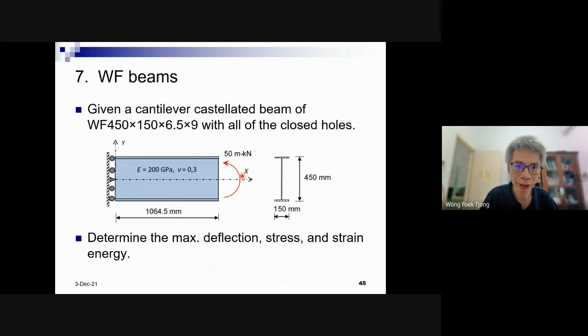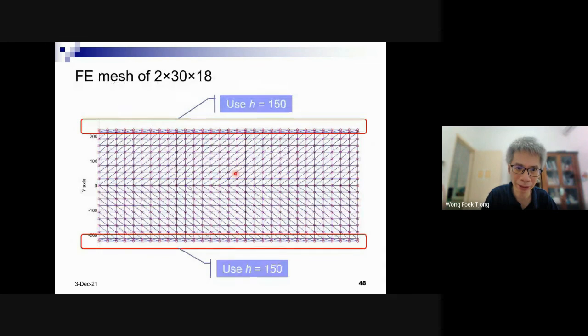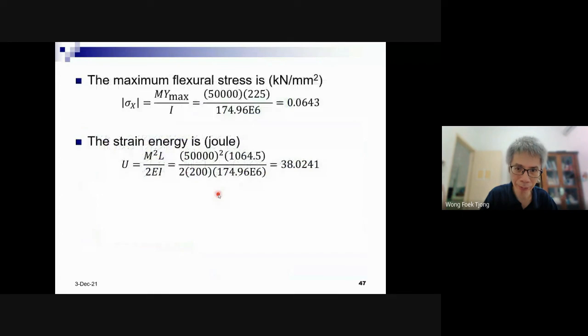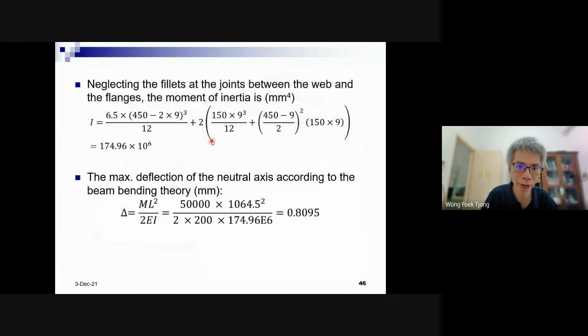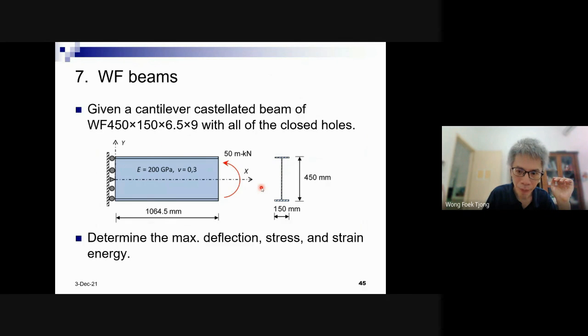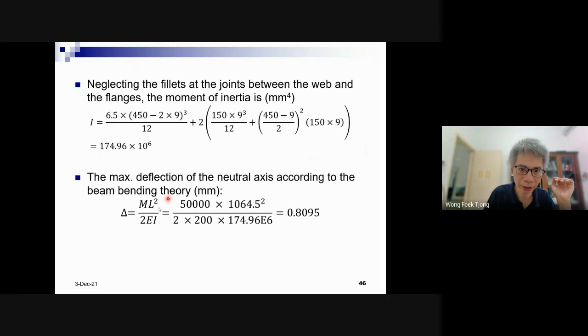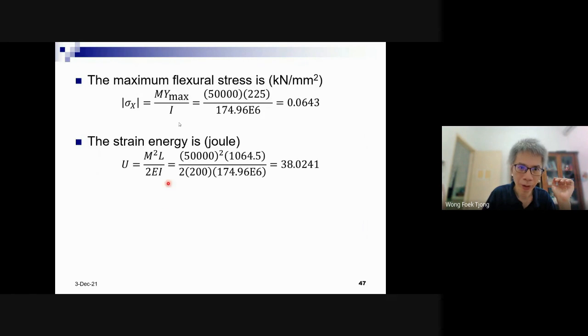Okay, whether the results are quite accurate? Yes, for I use a very fine mesh. You see, this is the mesh, and then the bending moment. As usual, we can use this formula for bending moment. This is the moment of inertia of the beam. Okay, moment of inertia, and then this is the deflection according to beam theory.